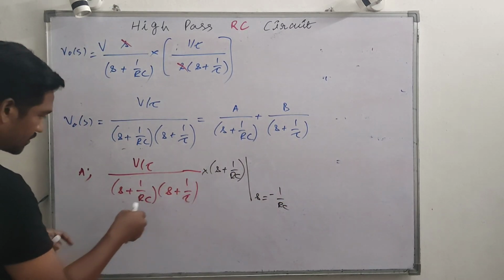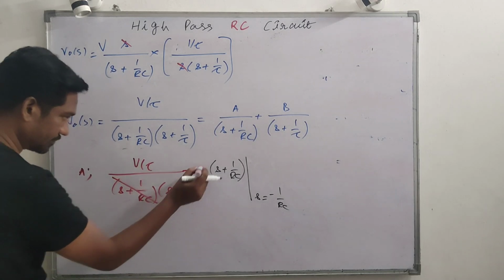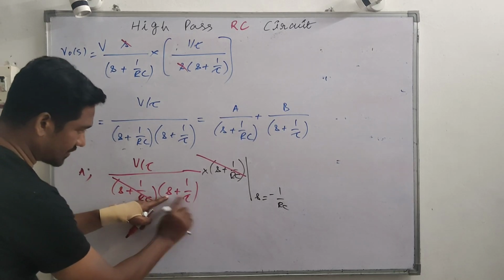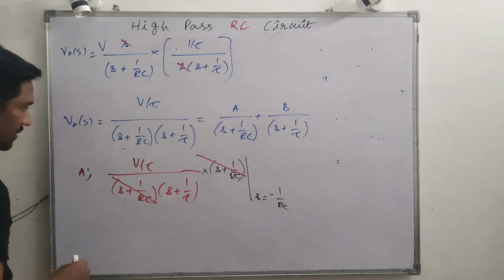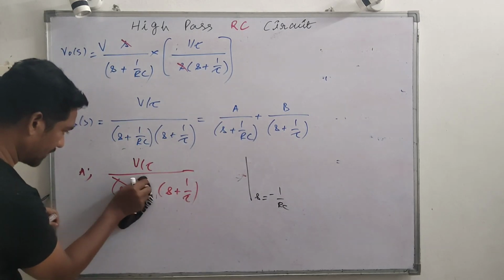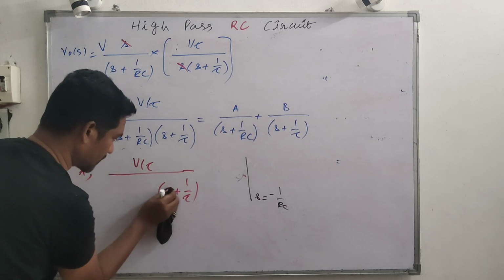With this multiplication, this term and this term exist no more, and we are left with 1 of s which is plugged in with this one. Alright, so in this very place, let me write down, we don't have this anymore, and this s is substituted with this one. So what is that?